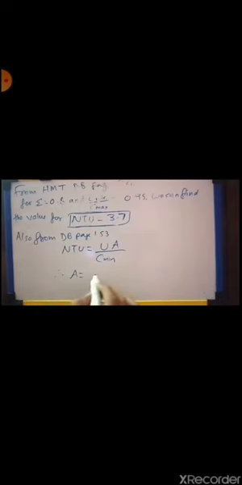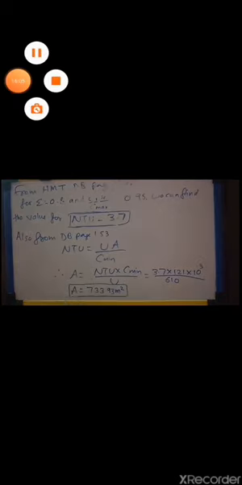From that equation we can write A is equal to NTU into C minimum divided by U. Substitute the values, that is NTU is 3.7 into C minimum, that is 121 into 10 raised to 3 divided by U, which is given as 610. Value for area is 733.93 meter square. Okay, it's the value for area of the heat exchanger.